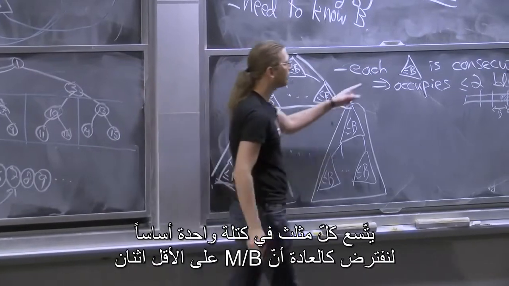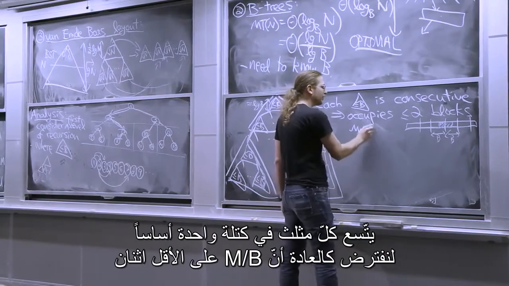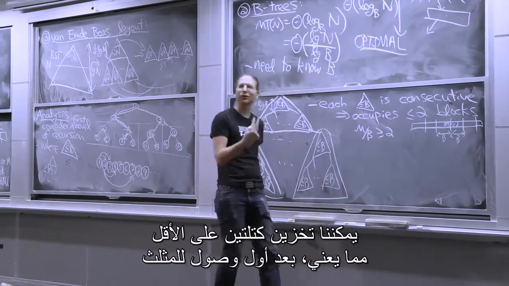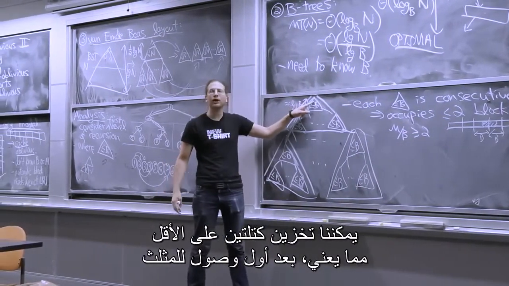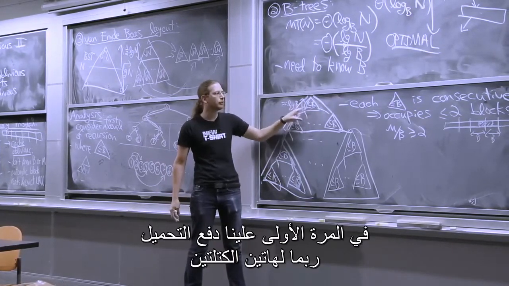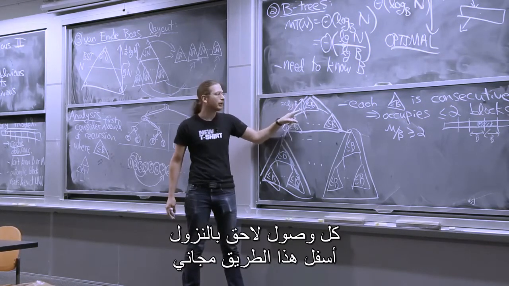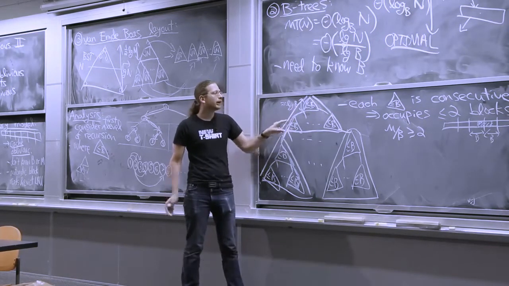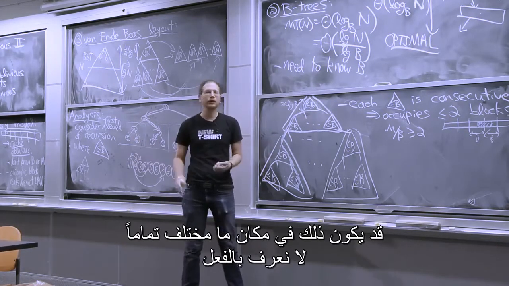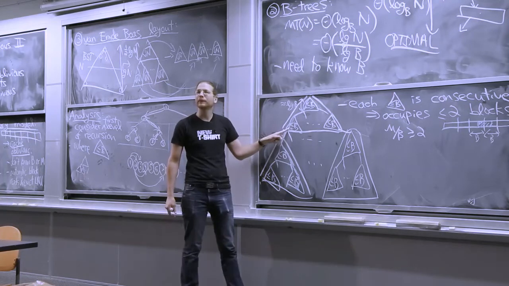Each triangle fits in basically 1 block. Let's assume, as usual, M over B is at least 2. So you can store at least 2 blocks, which means once you start touching a triangle, all further touches are free. The first one you have to pay to load in maybe these 2 blocks. Every subsequent touch as you go down this path is free. Then you go to a new triangle. That could be somewhere completely different, but it's some other 2 blocks. As long as you stay within the triangle, it's free.